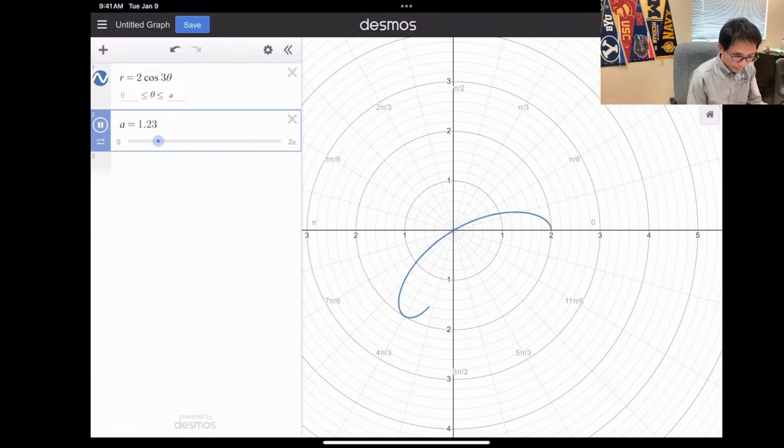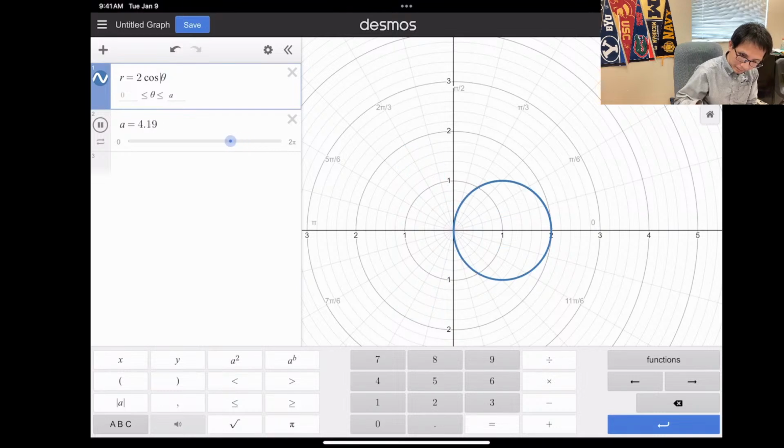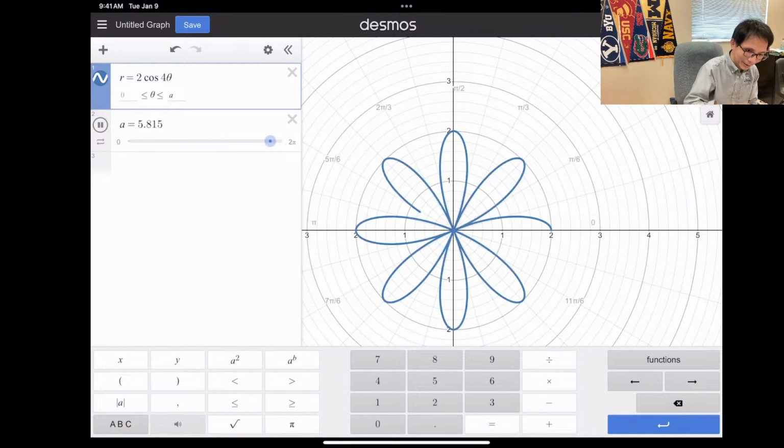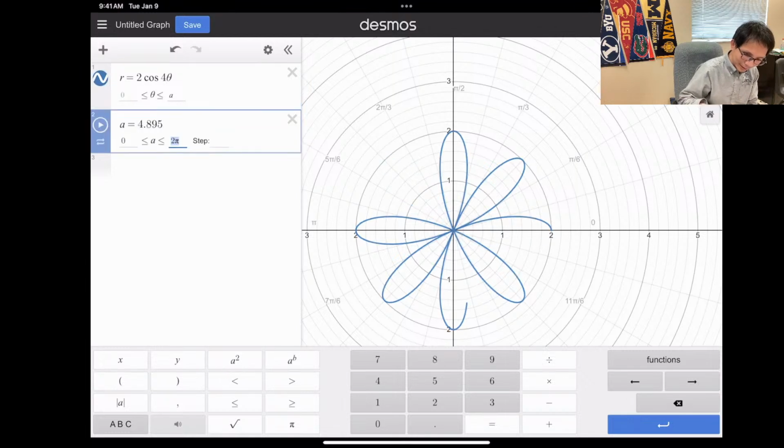Go ahead, do like cosine 4 theta. Yeah. Okay. That's cool. Thanks, Anthony. That's pretty cool, though. You do it from 0 to 5. Sure. Wow.